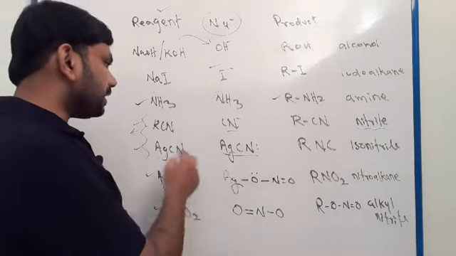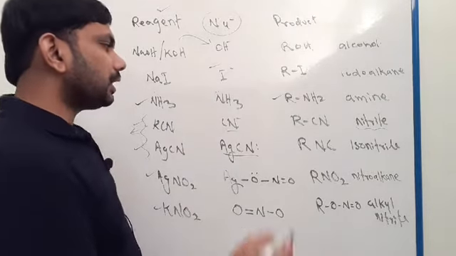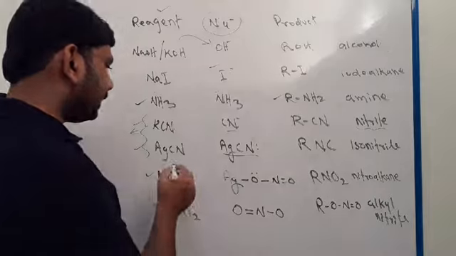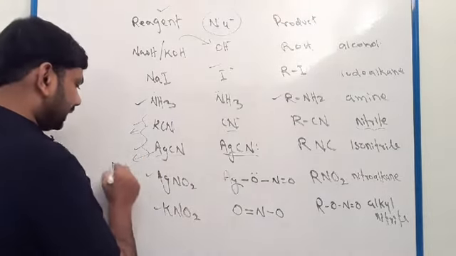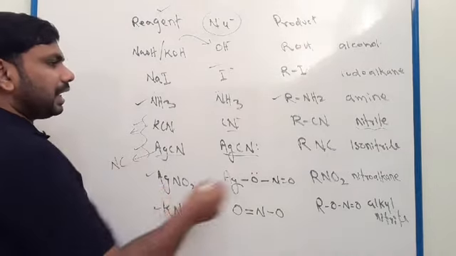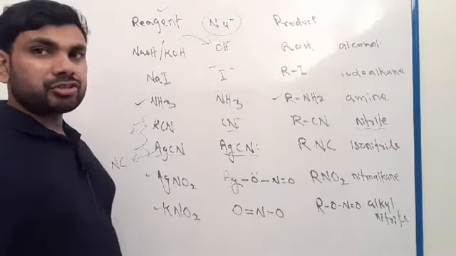Similarly, AgCN reacted with alkyl halide. Remember, with AgCN it will be RNC, isonitrile.